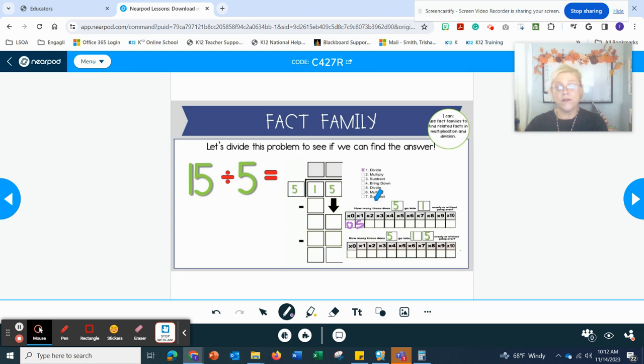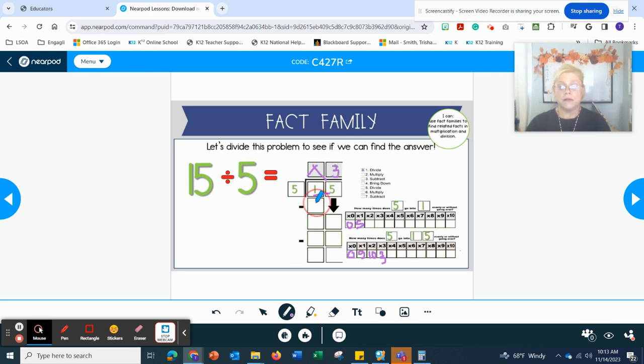We've just gone over. It can't be 1. Let's go 5 times 15. 5 times 0 is 0. 5 times 1 is 5. 5 times 2 is 10. 5 times 3, 15. So 5 times 3 is 15.